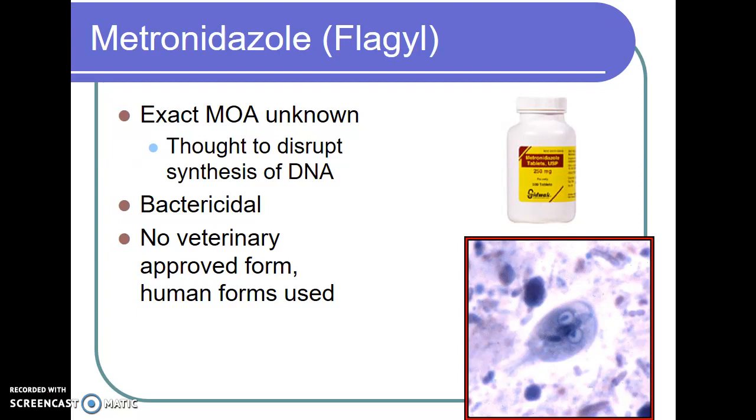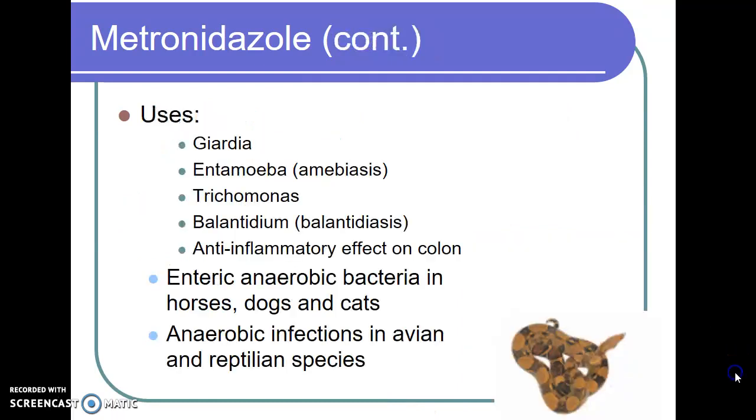And the metabolite needs low oxygen to be formed. So this is an antimicrobial that is used in anaerobic situations. It's considered bactericidal. We use human forms because there is no approved veterinary form.